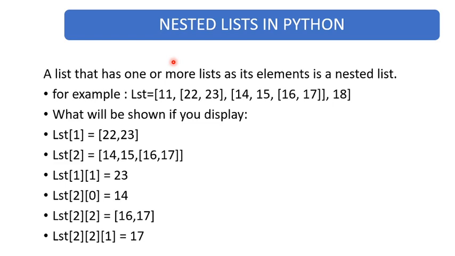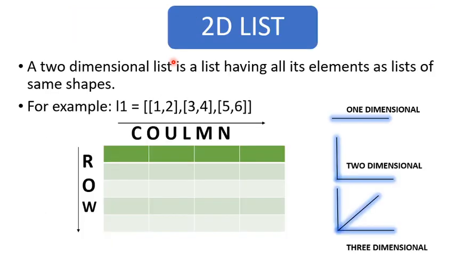Okay, now coming to the 2D list. 2D list is a list. In a simple way we can say that the list which can have rows and columns is called 2D list. Okay, now here you can see that this is one dimensional.